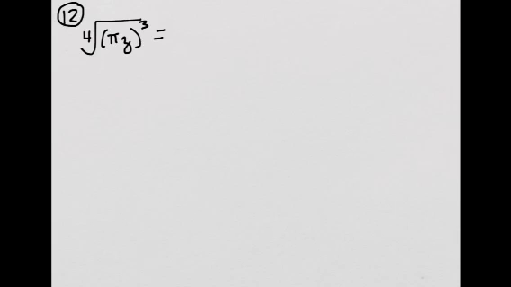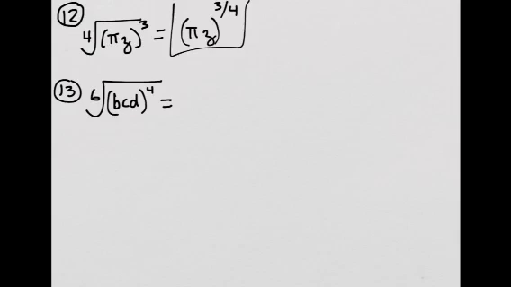Okay, for number 12, notice how there's parentheses around the pi and the z, so that both of those are being raised to the third power. So we're going to put pi z, put parentheses, the power is 3, the root is 4. And that's all you write. For number 13, again you see parentheses around the BCD.